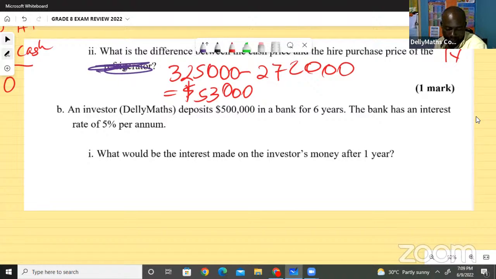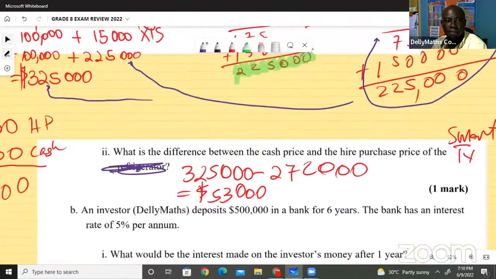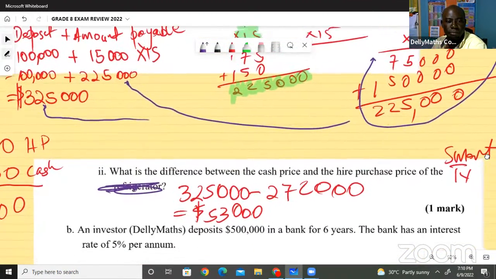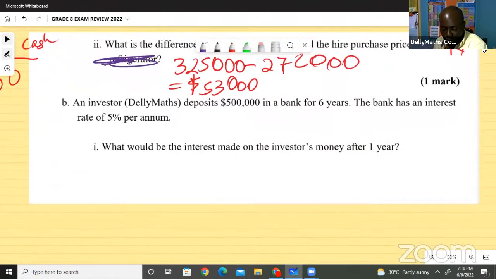All right, so we're going back to after 1 year. I think we could work out this. So it's going to be 5% of 500,000. All right, this looks like 25,000, but let's work it out.